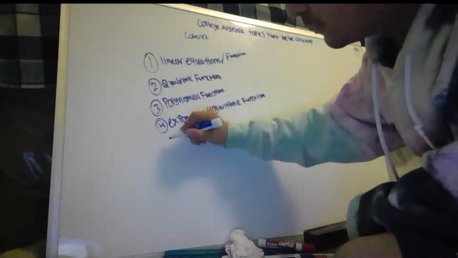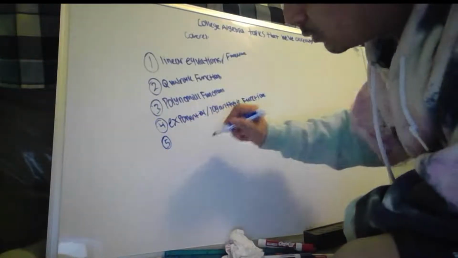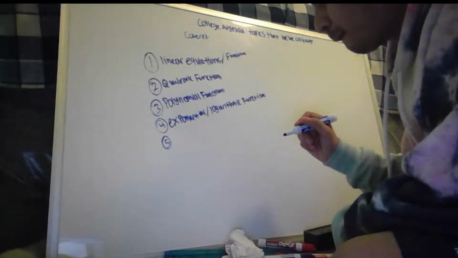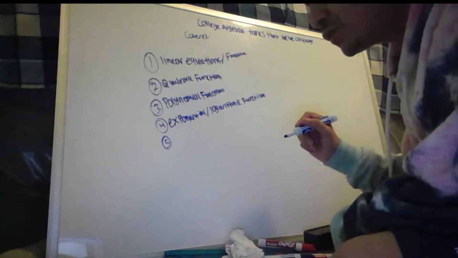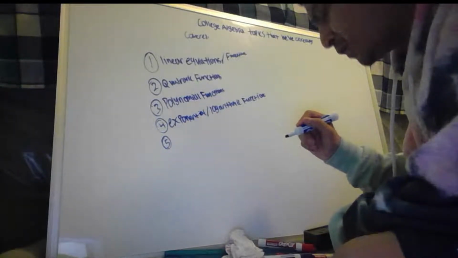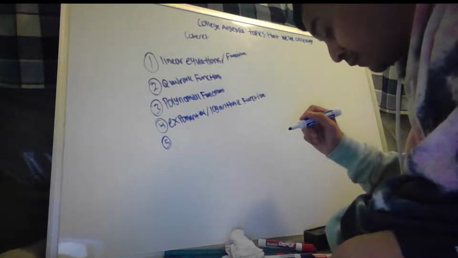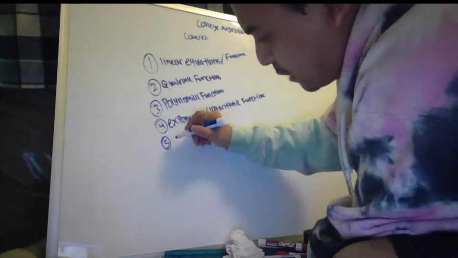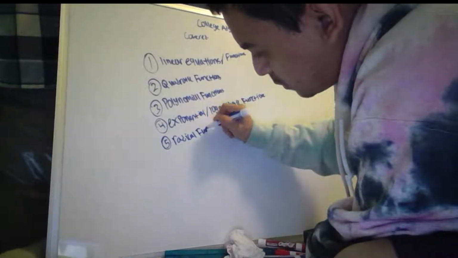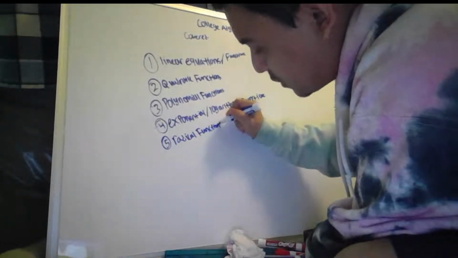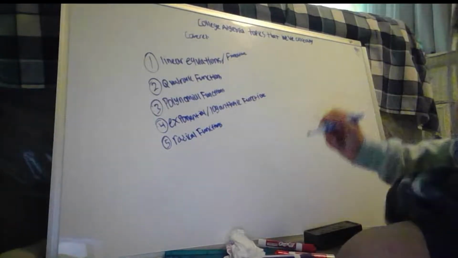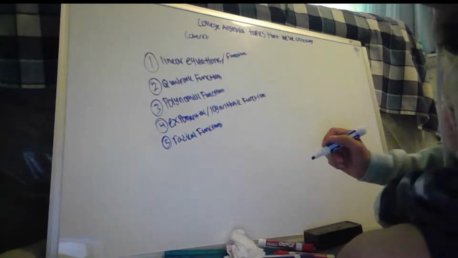Number 5, I believe we did do square root functions, if I'm correct. I know I did it in a stream the other day, so I will say radical functions. Now, as far as graphing them, I don't think I've done that yet. So we're gonna do that, okay?